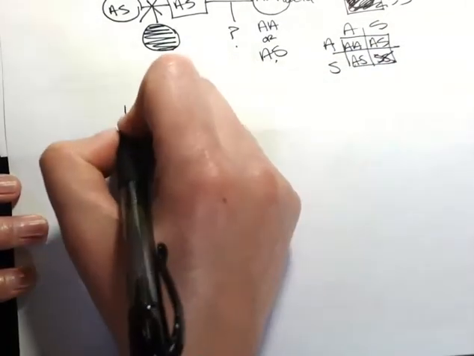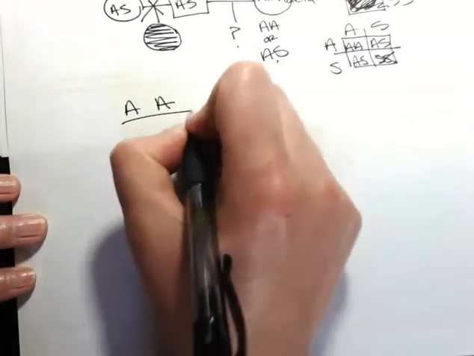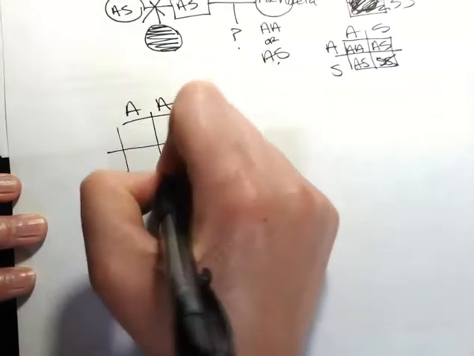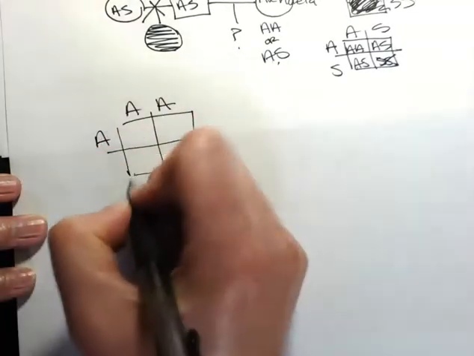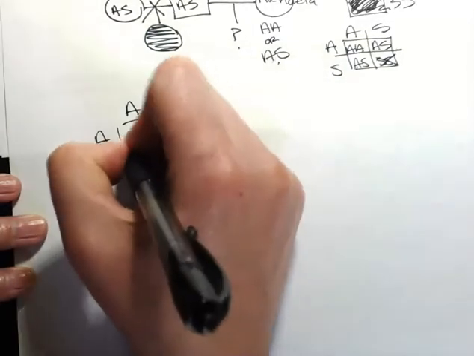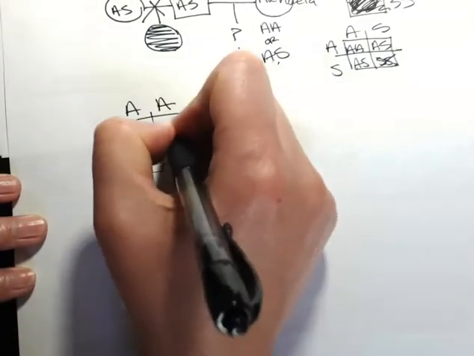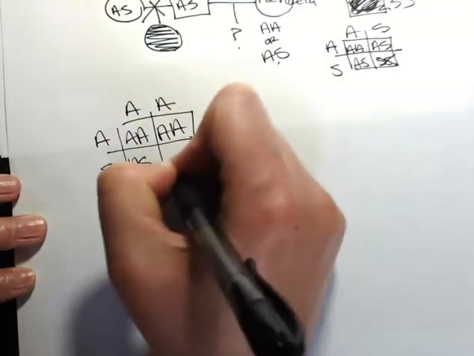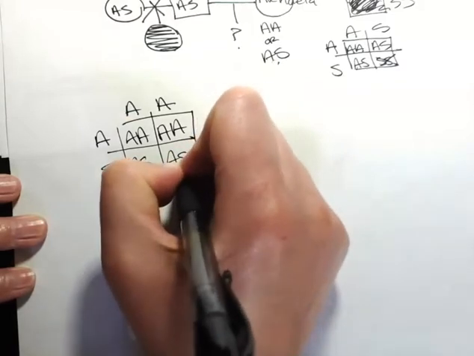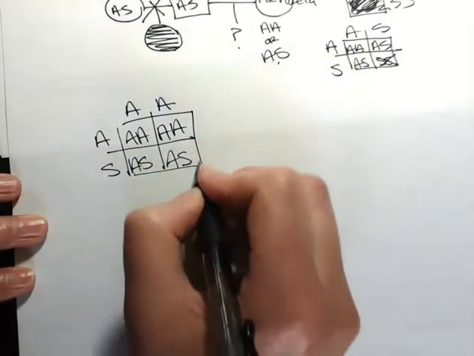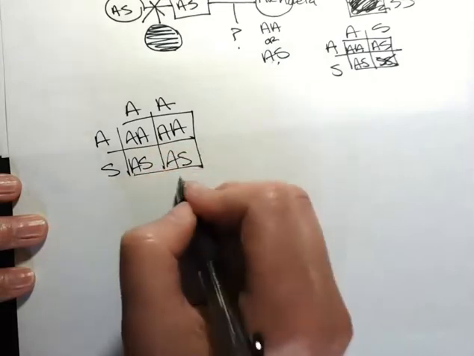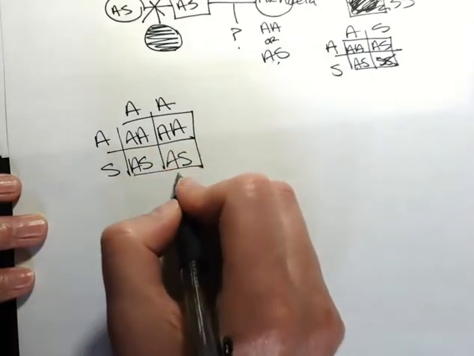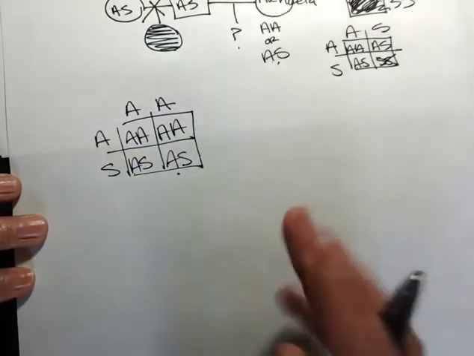So if she's homozygous for normal hemoglobin and Jerome is a carrier or has sickle cell trait, then there's a 50% chance that they would have a child with the trait, but a 0% chance that they're going to have a child with the disease.